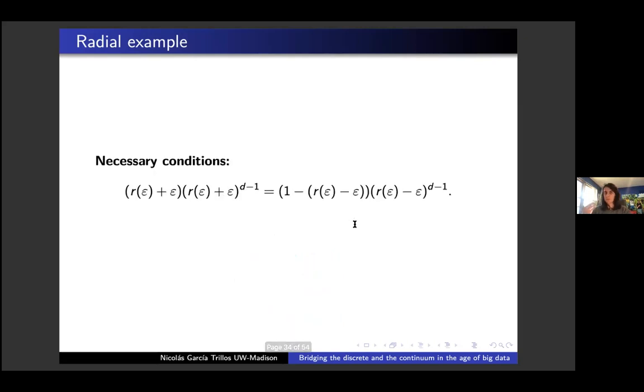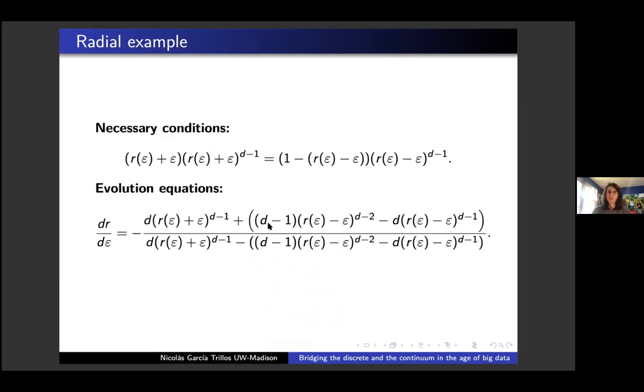To understand what this R epsilon is, you go in 2 steps. First you find the first order optimality conditions. These are the necessary conditions, and they look like that. Then you take the derivative with respect to epsilon, and you get something a little bit horrible.